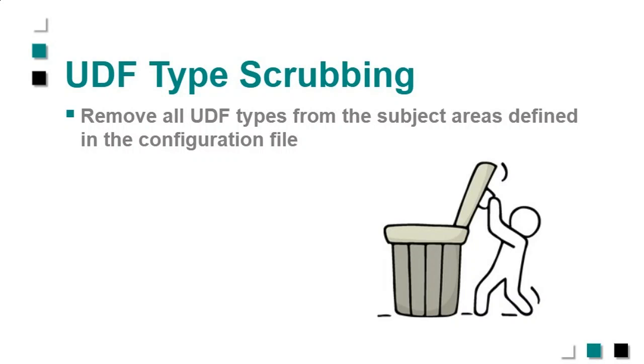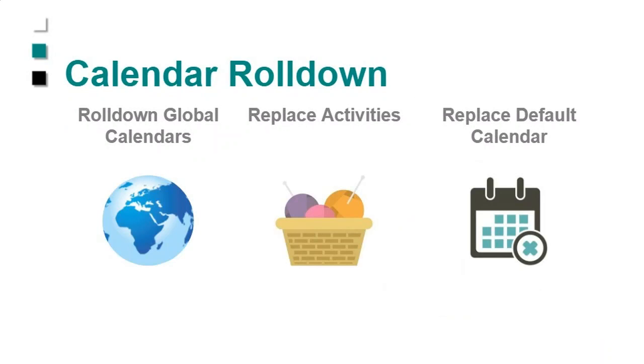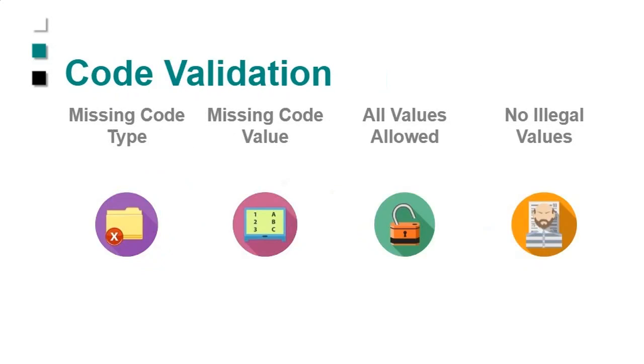And then not only can you clean things up, which means remove them, don't let them come in, you can also do some rolling down and replacing, and Sue's going to show you those in detail and in action. That means you can deal with things that are missing, you can deal with values that you want to change, and you can also identify when there's problems.